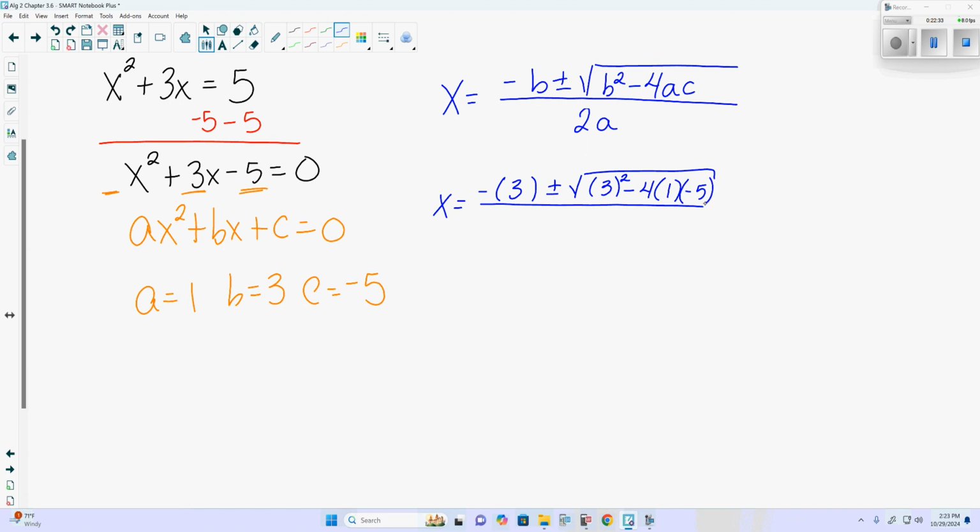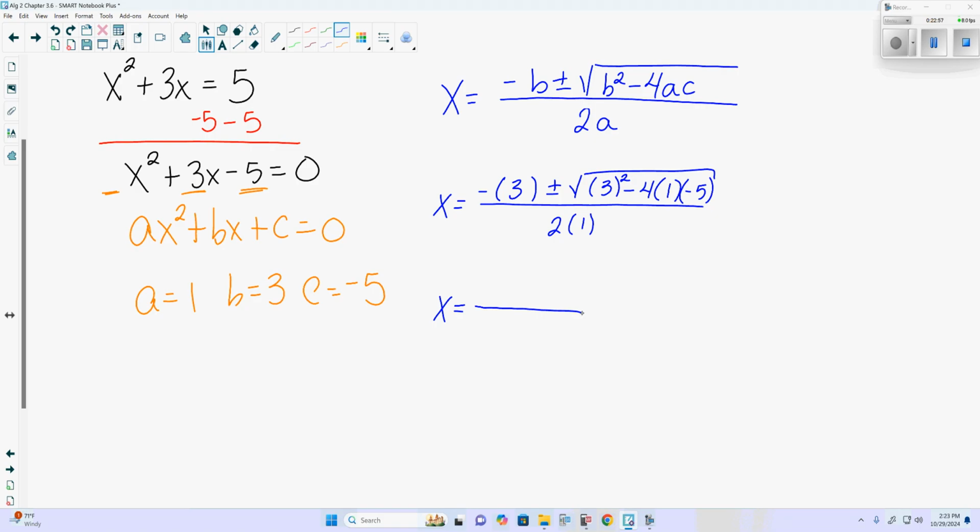Questions on how we plug anything into the top of this equation? Well, the denominator is 2a, so 2 times 1. Questions on what we've done so far?